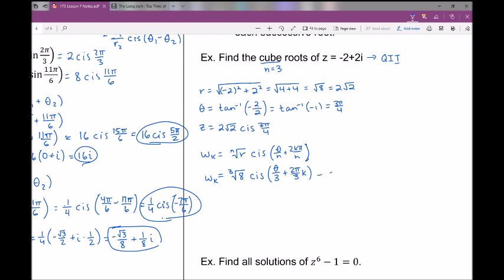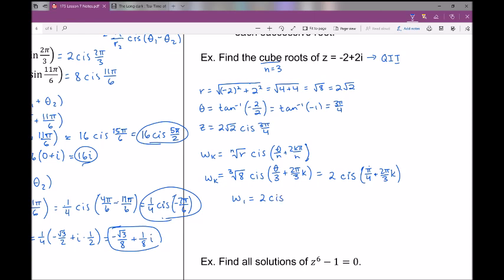And so we can simplify that a little bit more by saying 2 cis. Let's see, theta is 3 pi over 4. So theta divided by 3 is just pi over 4 plus 2 pi over 3 times k. Okay, so this is a really nice formula now for getting our roots. So the first cube root, omega sub 1, is going to be 2 cis.